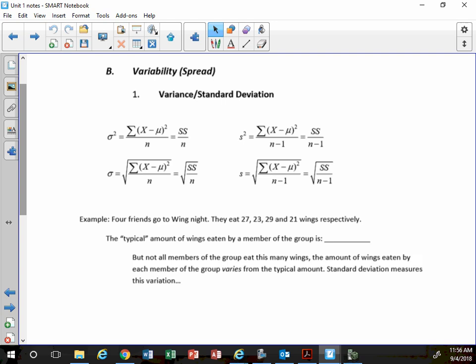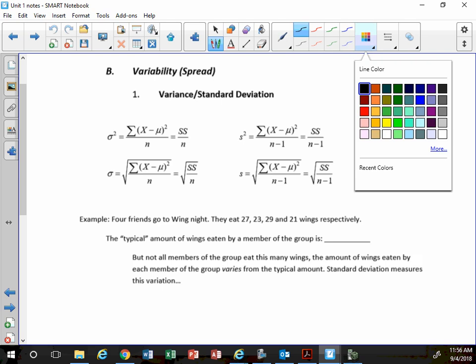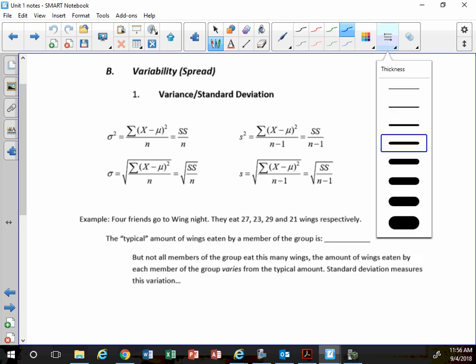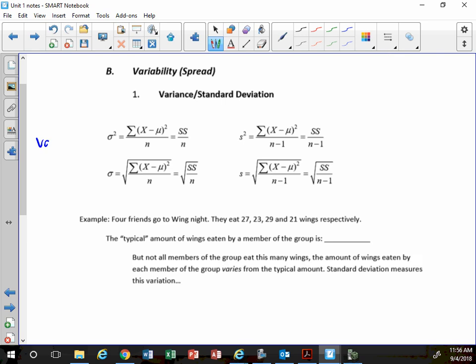The first one, the sigma squared or the S squared, both of these are going to be a variance. And then just the sigma or the S, that is your standard deviation.